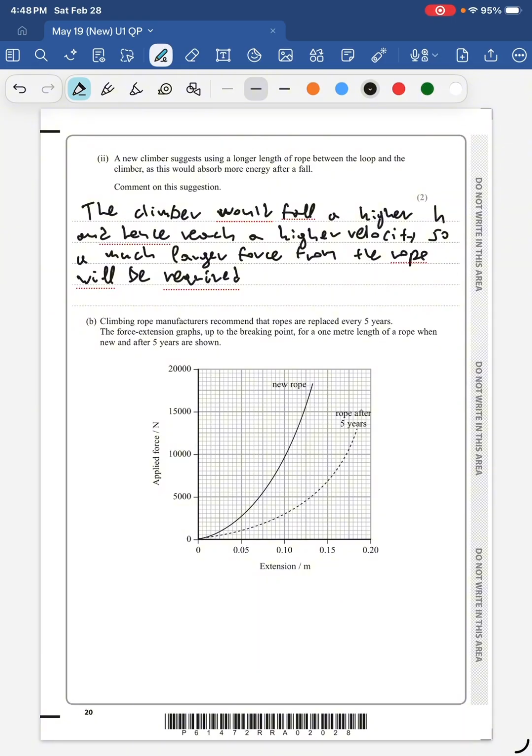Part B. Climbing rope manufacturers recommend that ropes are replaced every 5 years. The force extension graphs up to the breaking point for a 1 meter length of rope when new and after 5 years are shown.